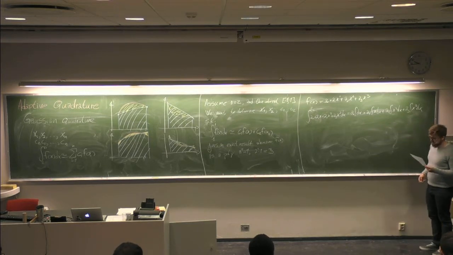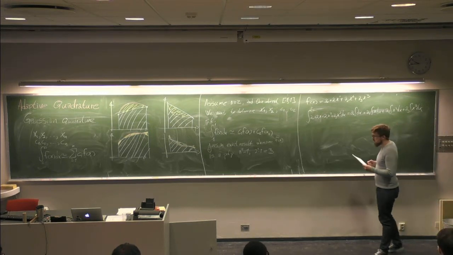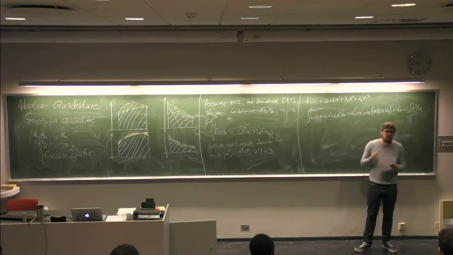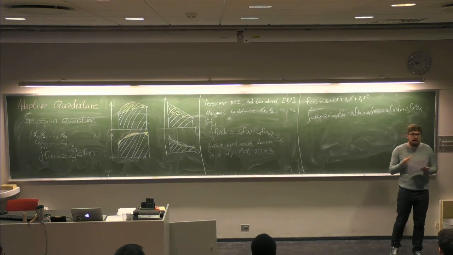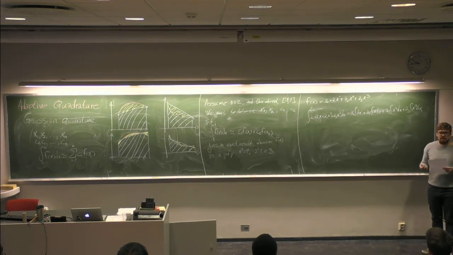So requiring that the approximation is exact for this is requiring that you have the exact results when f is equal to 1, x, x squared, and x to the power of 3. If you want to look at it abstractly, you can look at polynomial spaces, and the canonical basis of P3, the polynomial space of order 3, is 1, x, x squared, and x cubed.